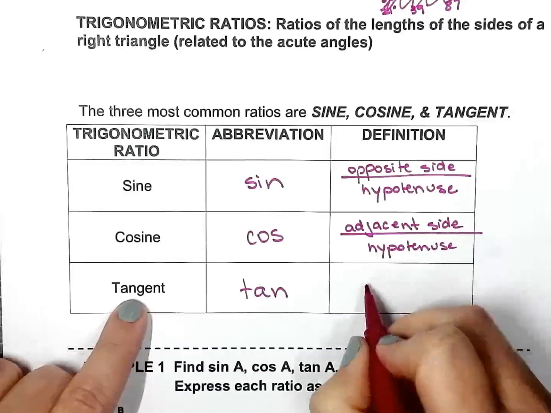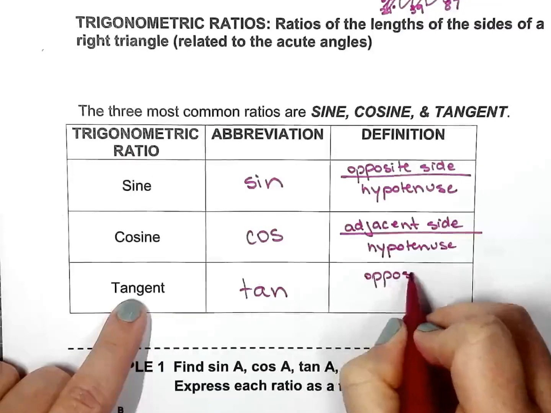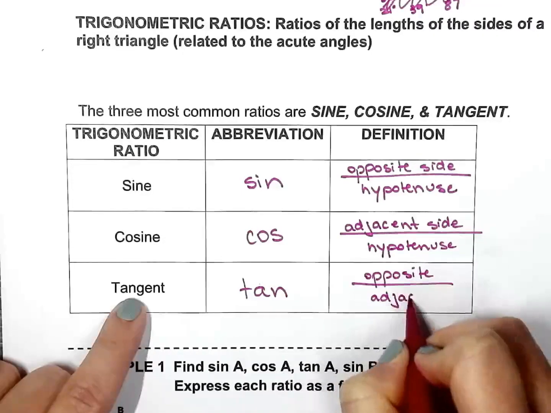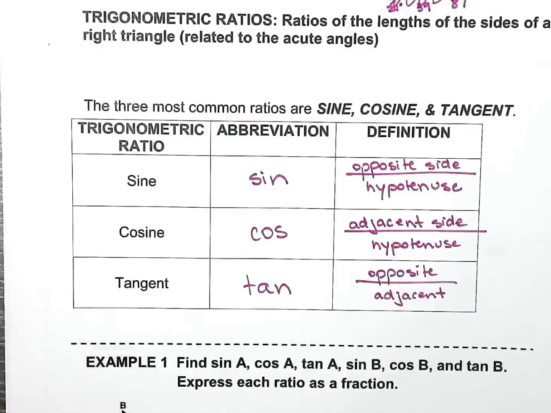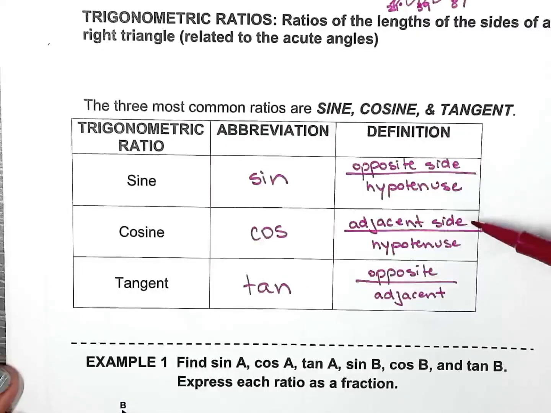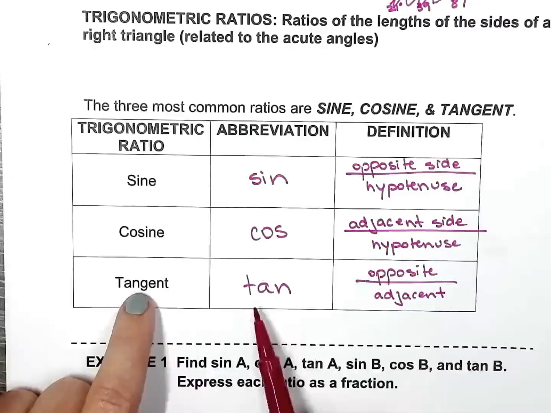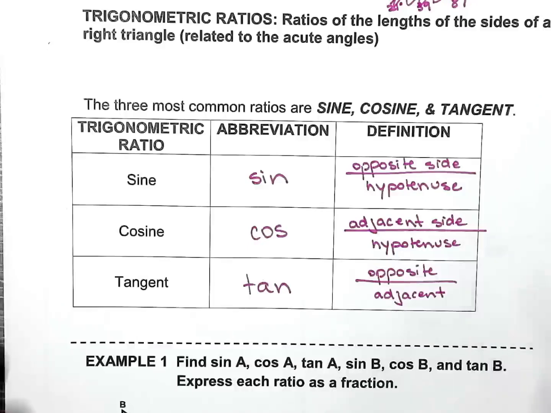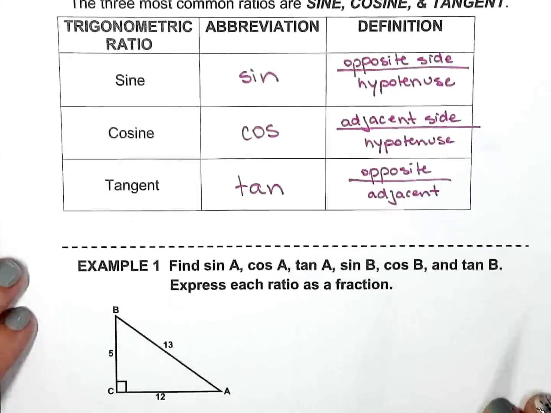And then tangent is the opposite side divided by the adjacent side. Because it's a ratio, that's why we have one over the other, one divided by the other. And notice that tangent is the only one where you don't need the hypotenuse to calculate the ratio.